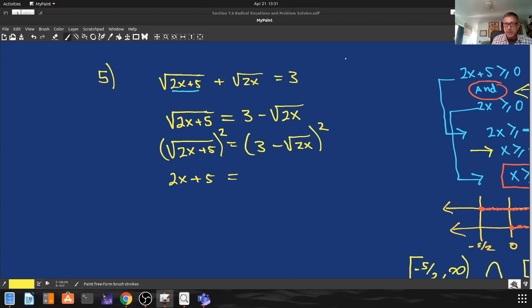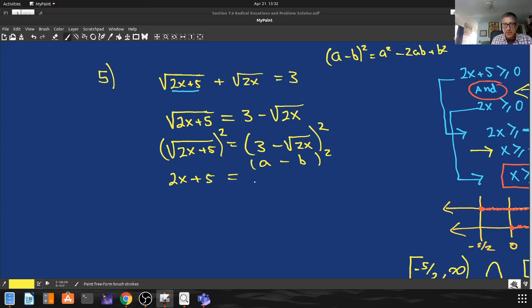This squared, I'm using the formula a minus b squared is equal to a squared minus 2ab plus b squared, where a is equal to 3 and b is equal to minus the square root of 2x.